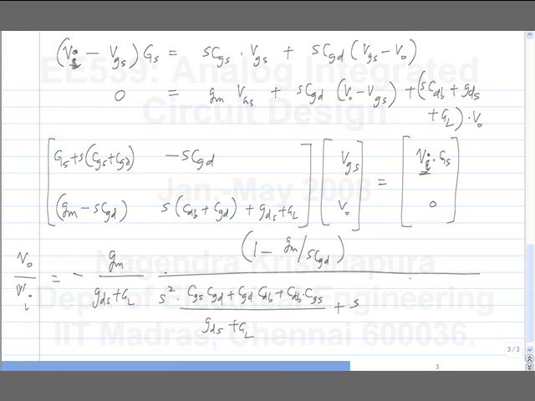What's the coefficient of S? What do you get? Please solve it and let me know what the coefficients are.